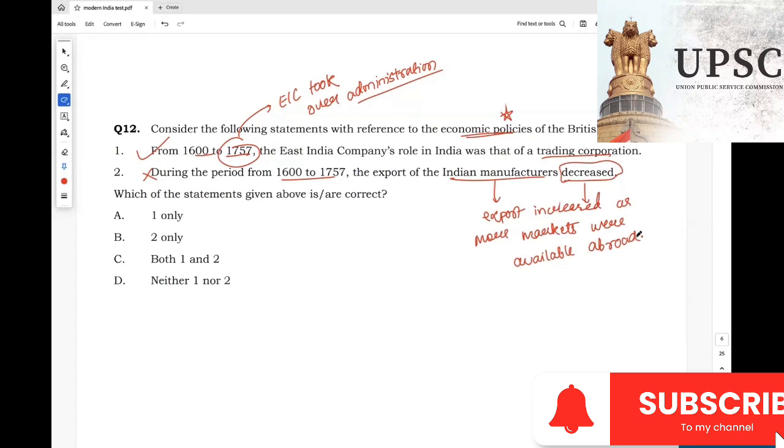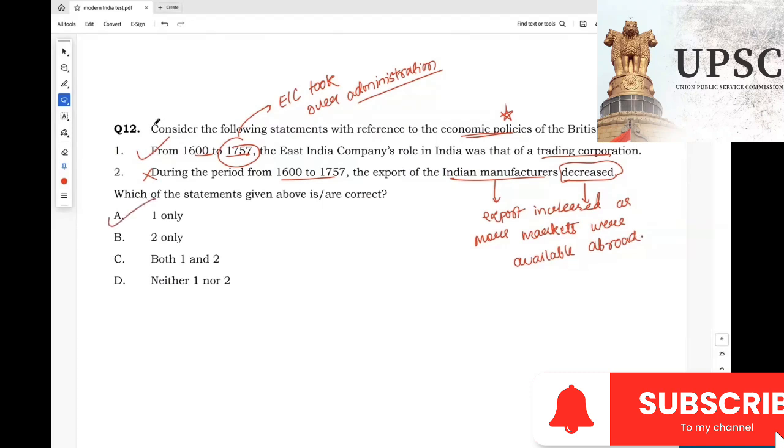If you read British or world history, you'll find that in the middle of the 18th century, there was no industrial revolution as such. The industrial revolution in Britain had not started. So they were mostly trading finished goods, not raw material. In finished goods, I would say it was more like spices, cotton sheets rather than raw cotton. They would not import raw material because they didn't have industries. But in the second half of the 18th century, when the industrial revolution came up in Britain, they started importing raw material. So things changed overnight.